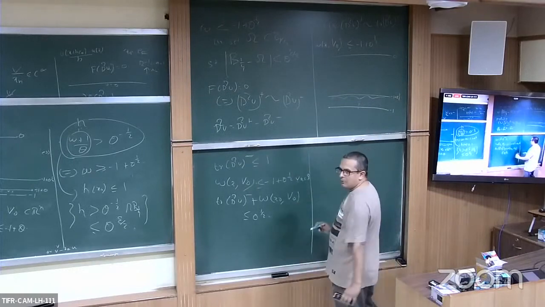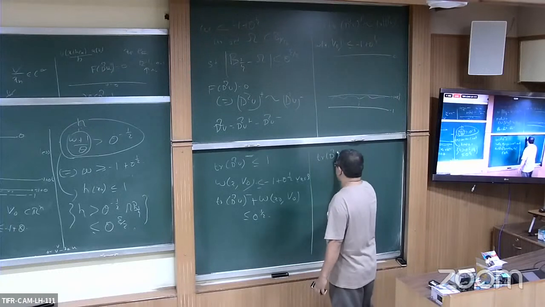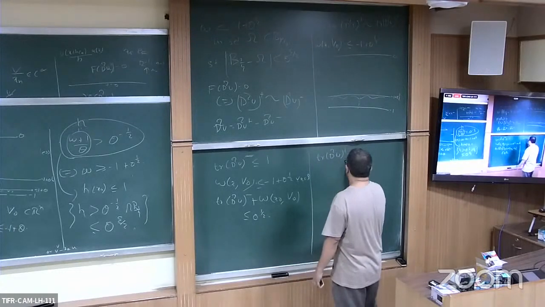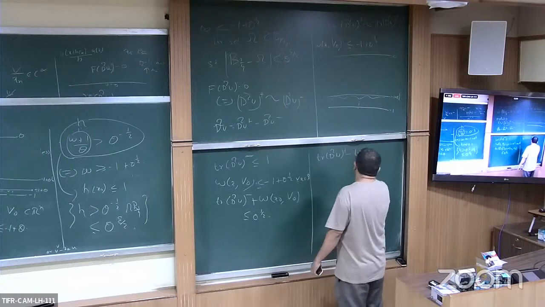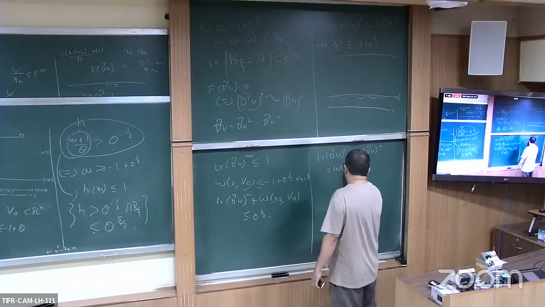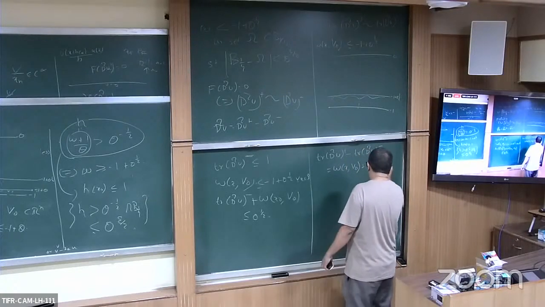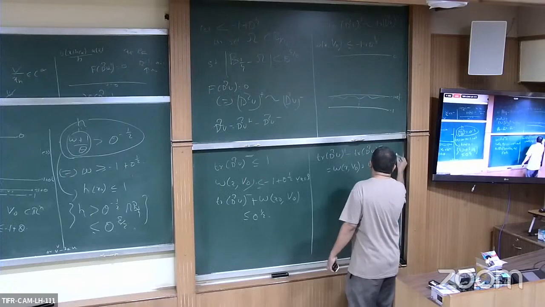Right. And now what can I do? I know that trace of D square u plus minus trace of D square u minus will be equal to W of x v naught plus W of x v naught complement.